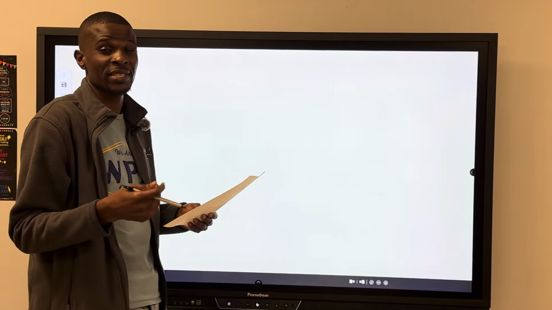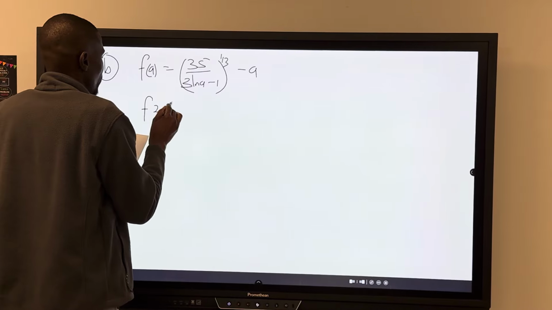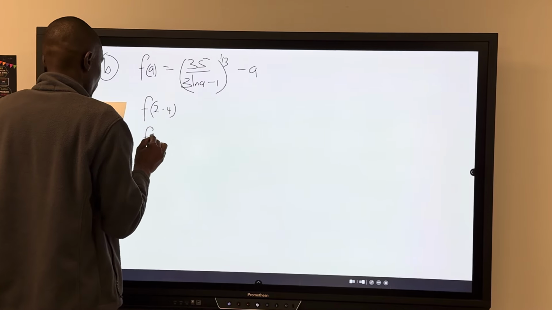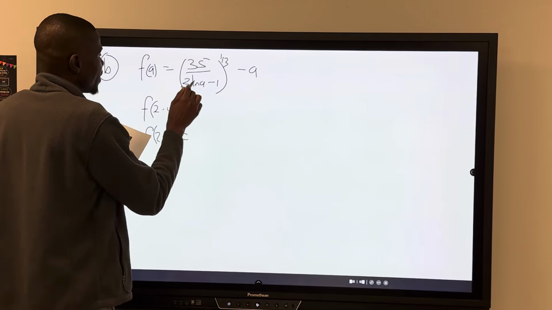So we're going to use the intermediate value theorem, right? Here we know that f of a equal to 35 over 3 natural log of a minus 1, to the power of a third, minus a. So we are going to calculate f of 2.4, then we calculate f of 2.8. If you plug in 2.4 and 2.8 there, let's see what we get.